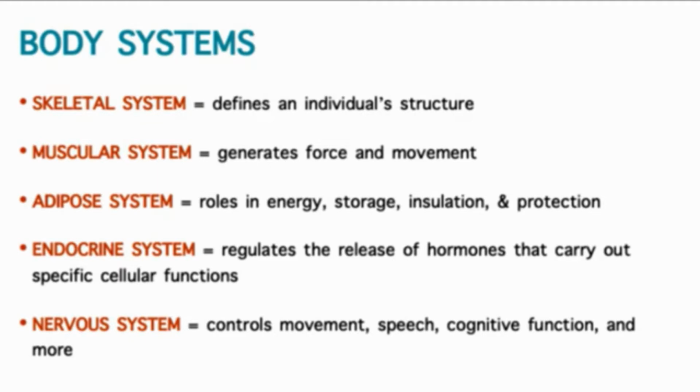And then lastly, we have our nervous system, which in my personal opinion, and I'm a little bit biased because I'm studying motor control, is probably one of the most expansive and impressive body systems in the whole body.